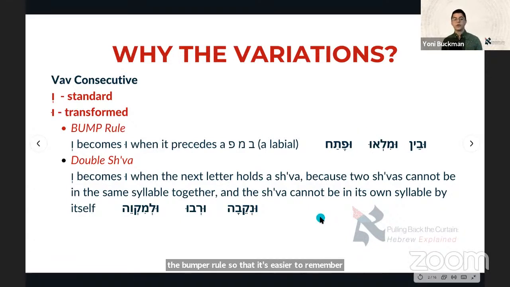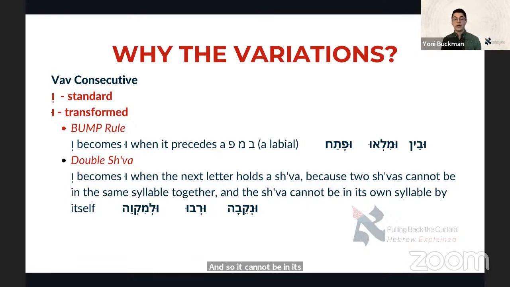And then the second rule, which we talked about when we were splitting words up into their syllables, is that the shva, the two dots stacked on top of each other, is not a real vowel. It doesn't carry any weight, and so it cannot be in its own syllable on its own.